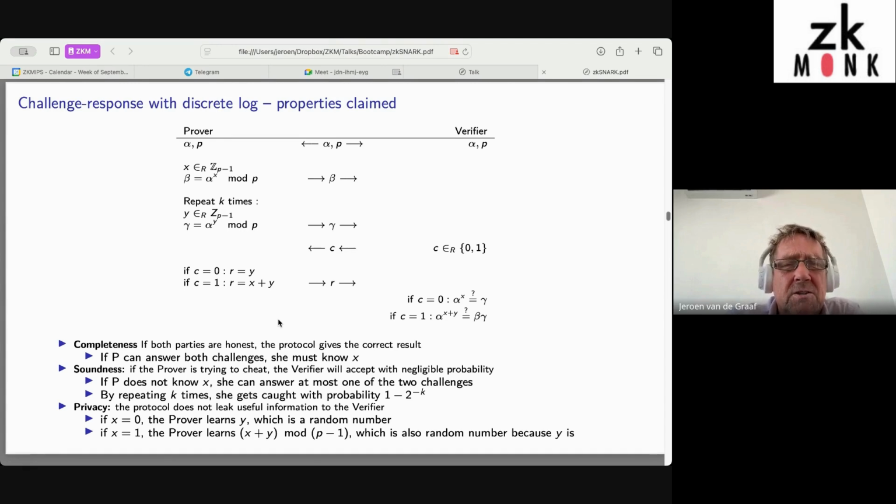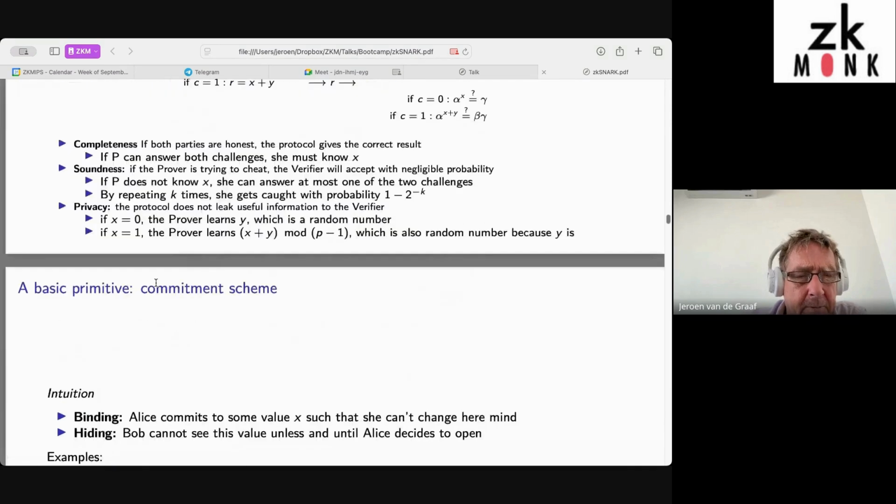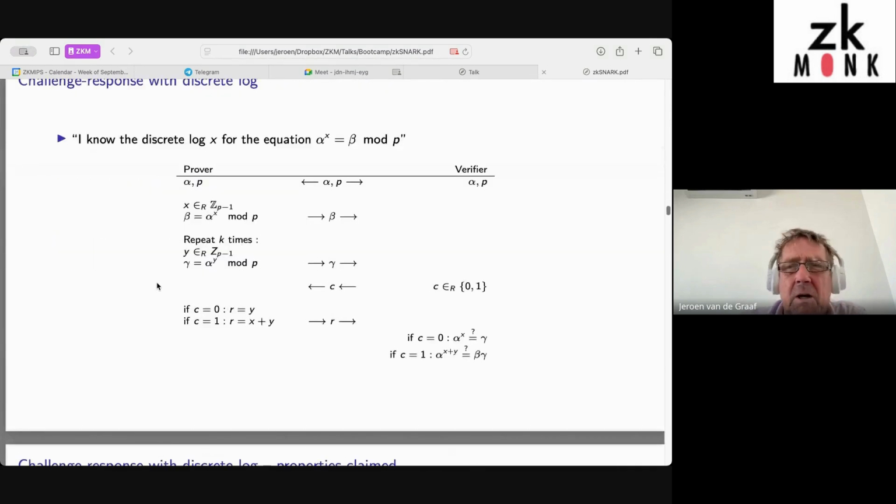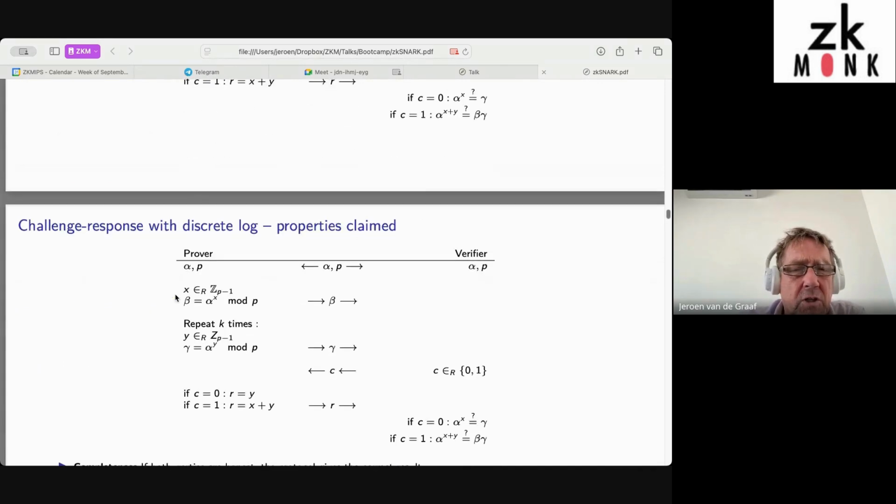As long as the distribution of the simulator is the same as that of the prover in the official protocol, then everything is okay. That is very informal, very hand-waving. That is the definition of zero knowledge that you should know about. And this is all I'm going to say about zero knowledge.